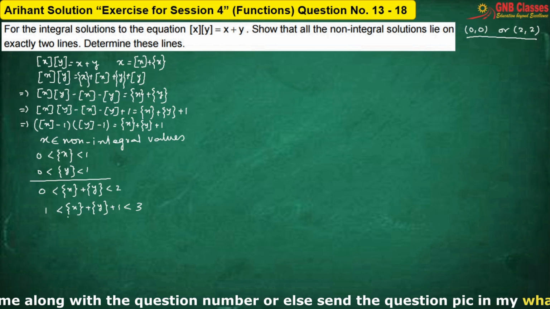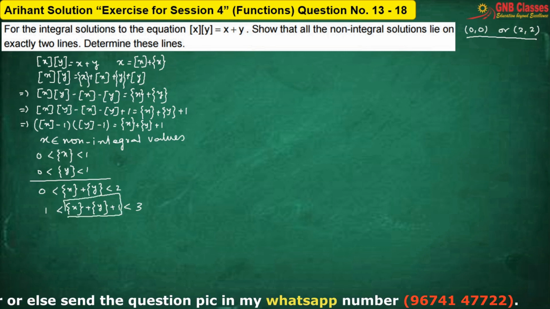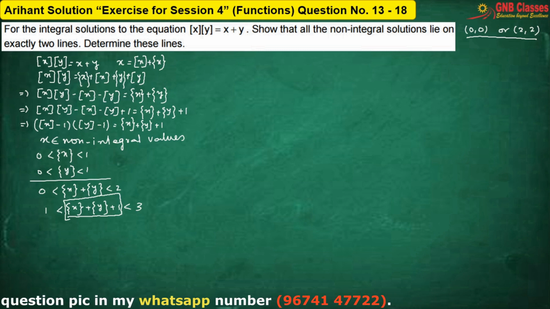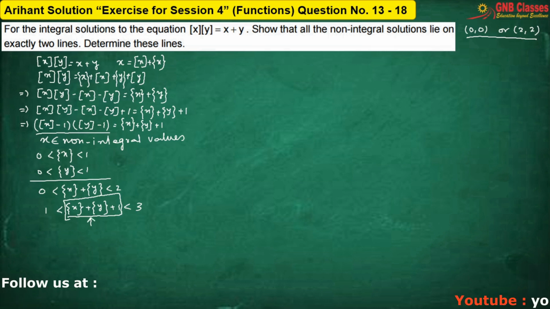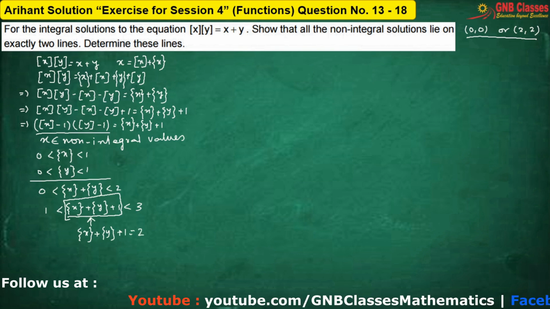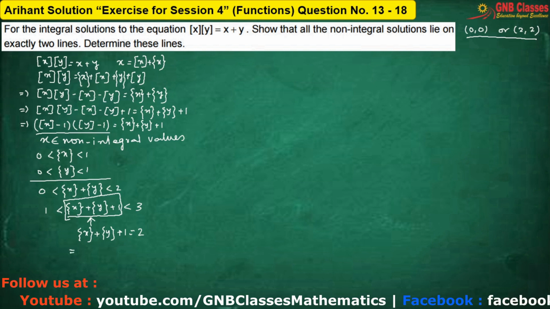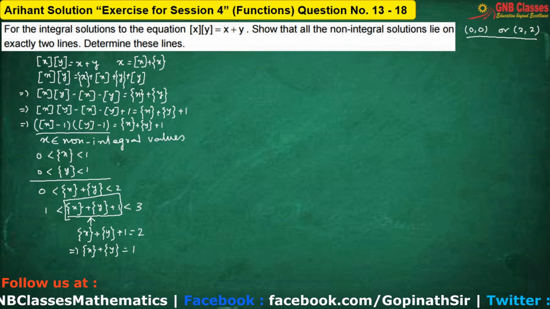Now, from the equation, the fractional part of x plus the fractional part of y plus 1 is an integer. Therefore this value can take only an integral value, and between 1 and 3 we have only one integer, which is 2. That implies the fractional part of x plus the fractional part of y is 1.